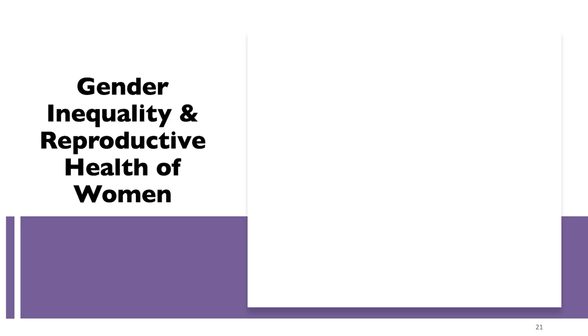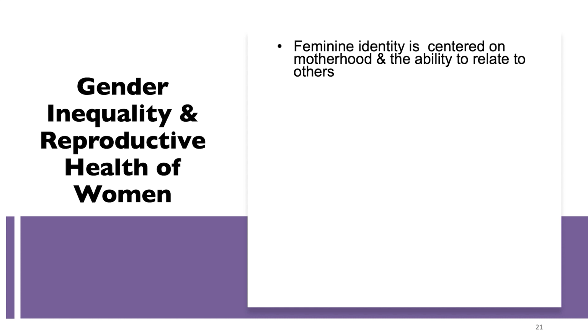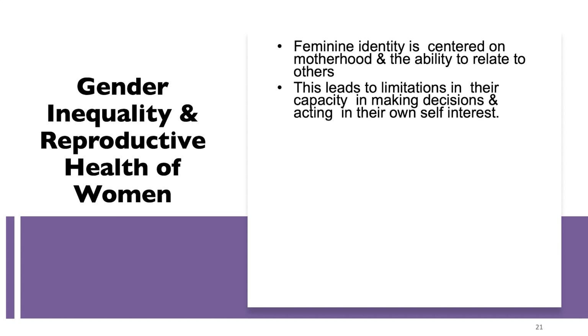So how does this gender inequality affect the reproductive health of women? Feminine identity is centered on motherhood and the ability to relate to others. So that is what is expected of a woman. She should be a mother and she should have a good relationship with the other members of the family.